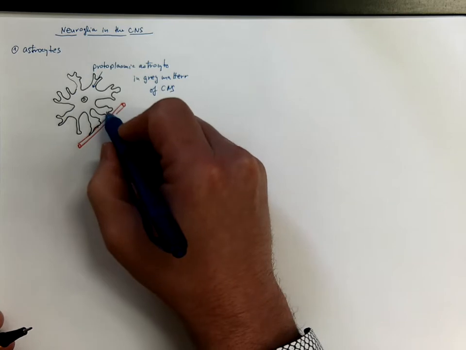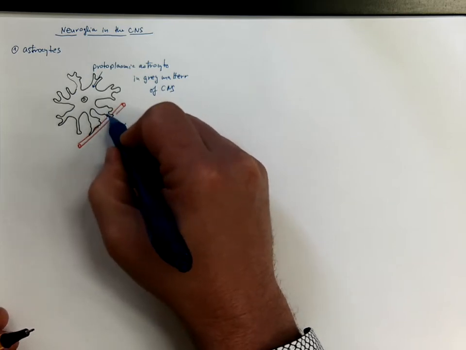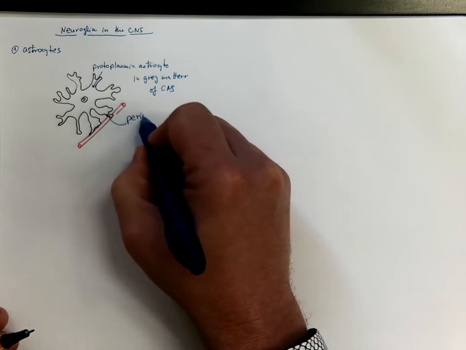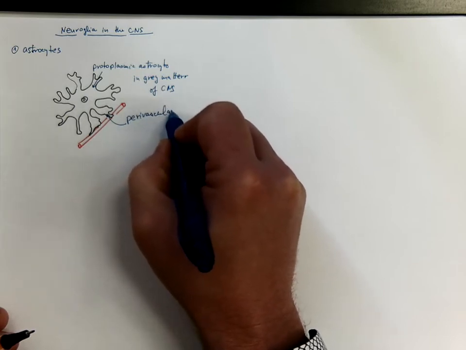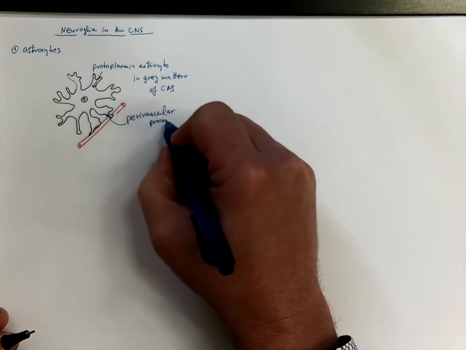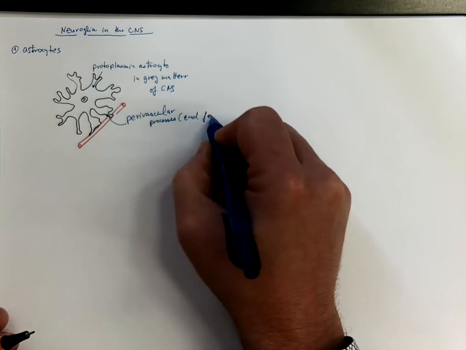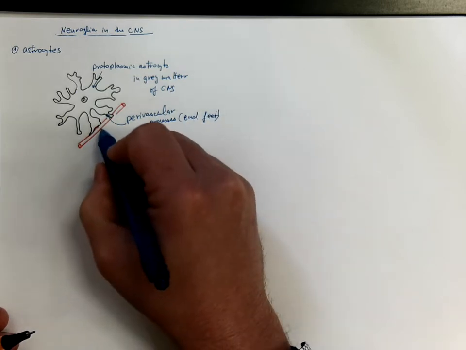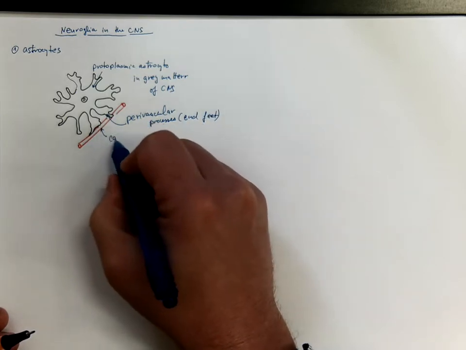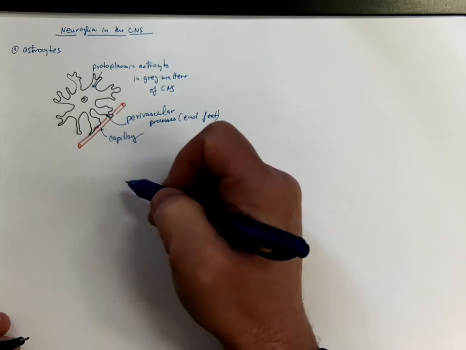They have processes called perivascular processes, or end feet, and they are surrounding the capillaries of the brain or spinal cord.